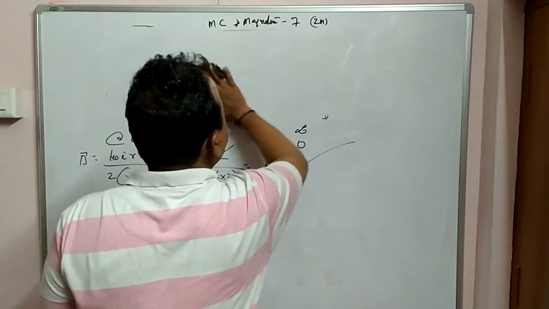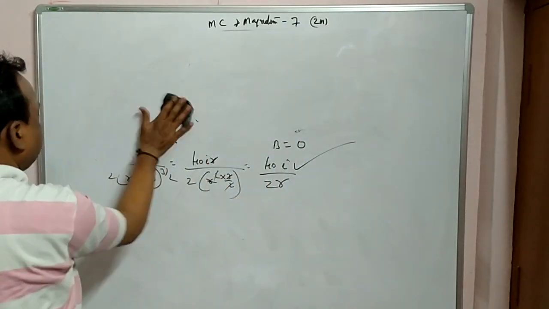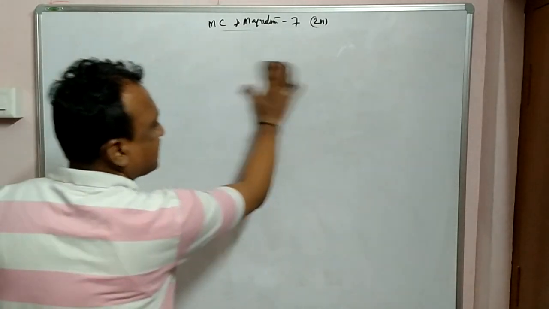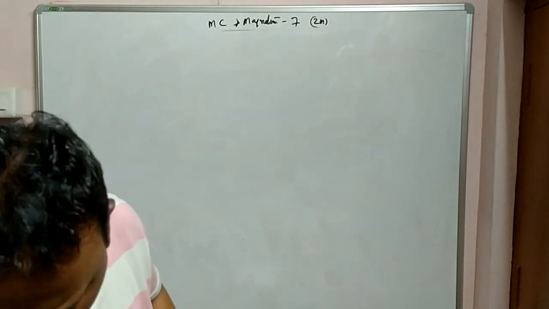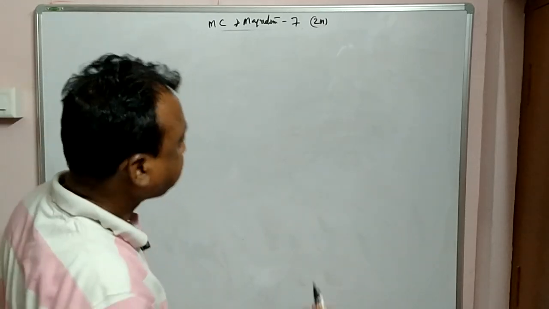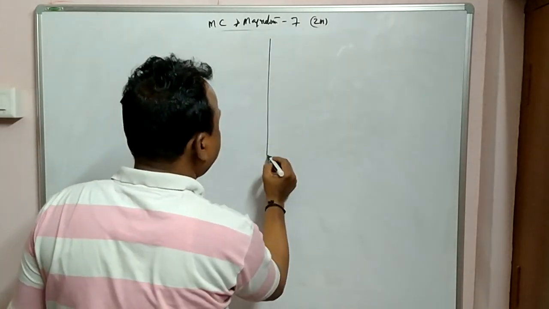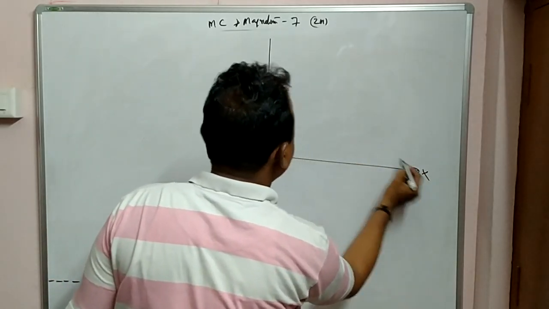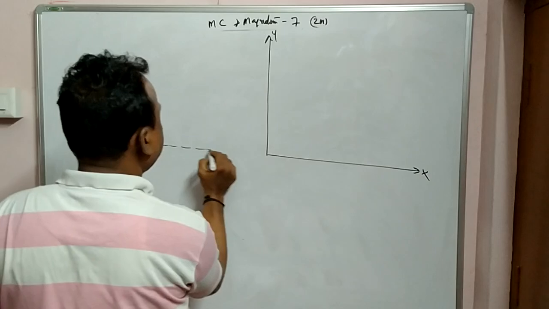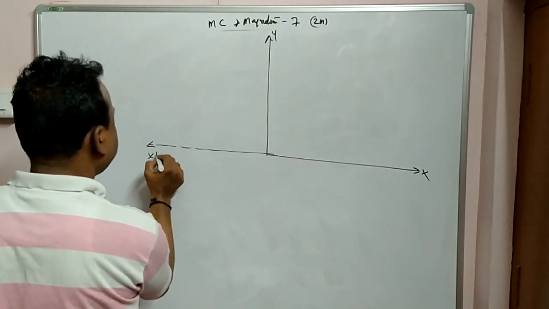Right. Now we will try to draw a small graph for this one: magnetic field and distance x. In the examination they are asking. We will draw a graph for B versus x. For example, this is the x-axis, y-axis, and this is the other side of the x-axis, x dash.